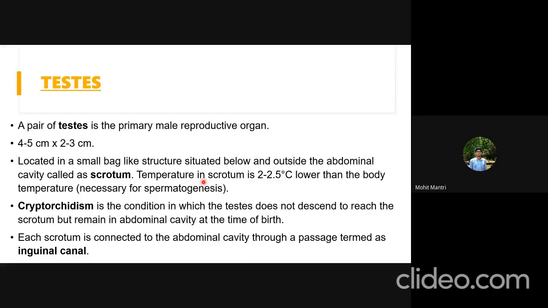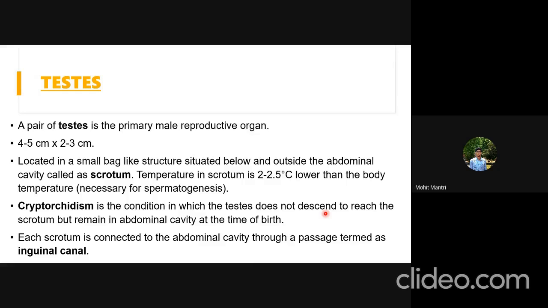The temperature in this scrotal sac is 2 to 2.5 degree lower than the normal body temperature, and this lower temperature is necessary for spermatogenesis, and this is the reason why testis is located outside the abdominal cavity. There is a condition which is known as cryptorchidism, in which the testis does not descend and reach the scrotum, but it remains in the abdominal cavity at the time of birth.